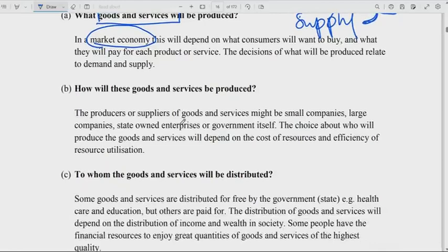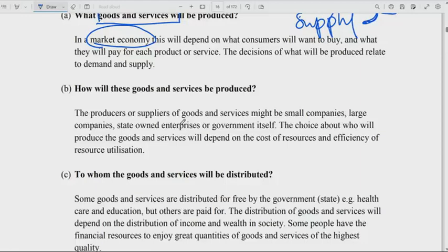Now, looking at the second question, how will these goods and services be produced? Producers or suppliers of goods and services might be small companies, large companies, or state-owned government. The choices about who will produce the goods will depend on the cost of resources and efficiency of resource utilization.